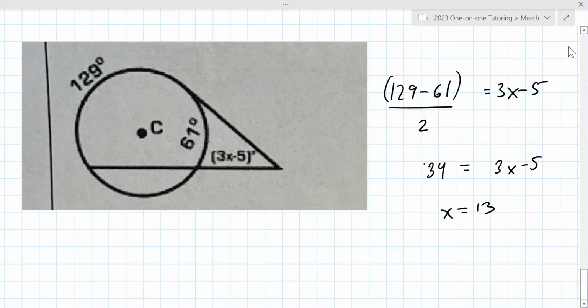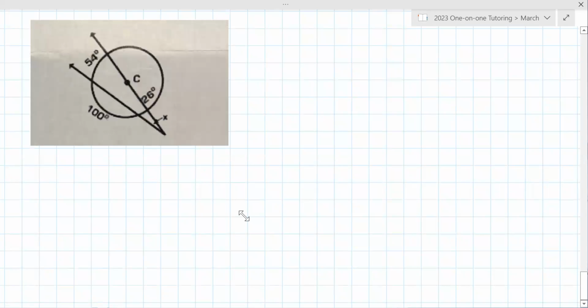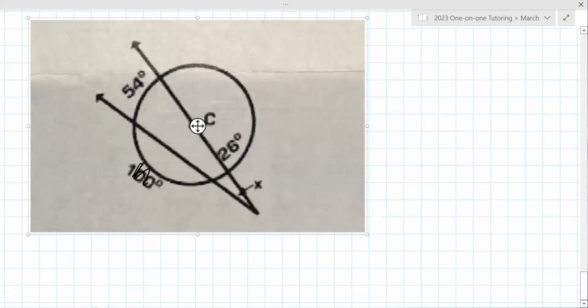And then, is this the same equation for Sir Robin? It's not written very clearly. Let me take a look here. I guess this 100's irrelevant. It's 54 minus 26 divided by 2 equals x.